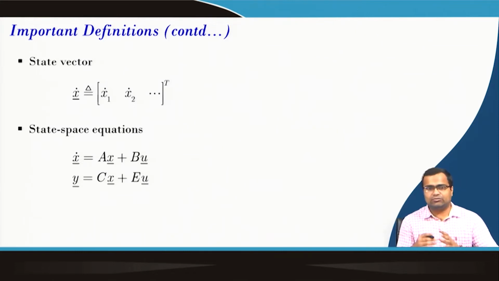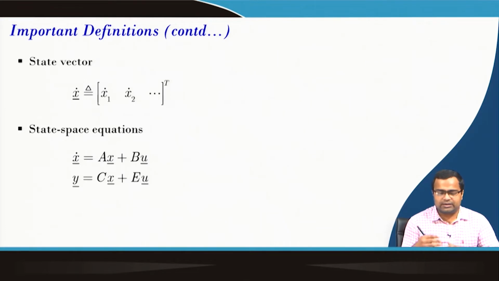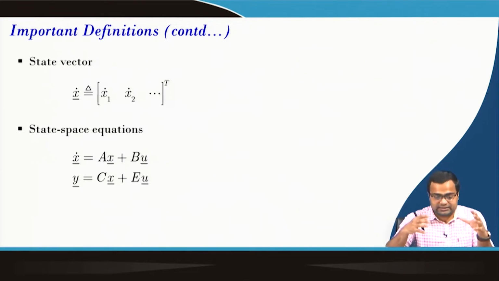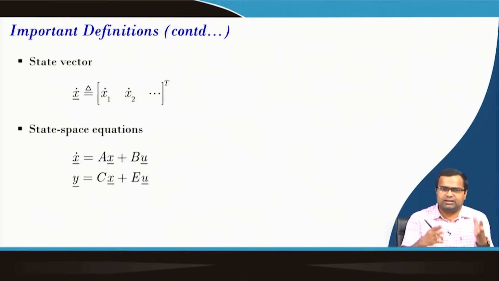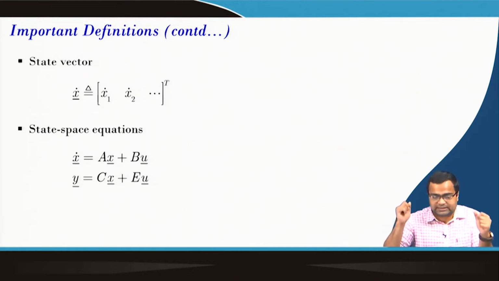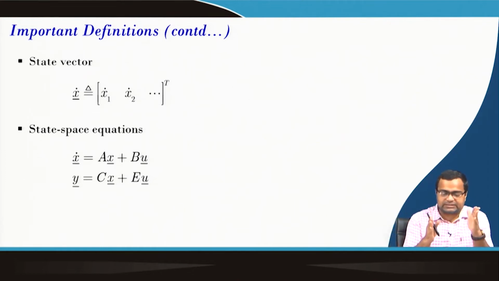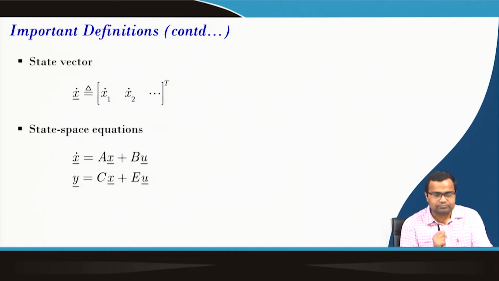Then we can write down the state space equations for a given dynamical system. We can represent a first order as well as higher order dynamical system. For a higher order dynamical system, suppose the system order is n, then we write n first order differential equations, and that we write in terms of state space representation.